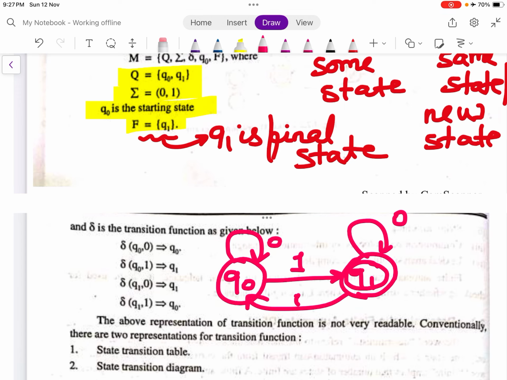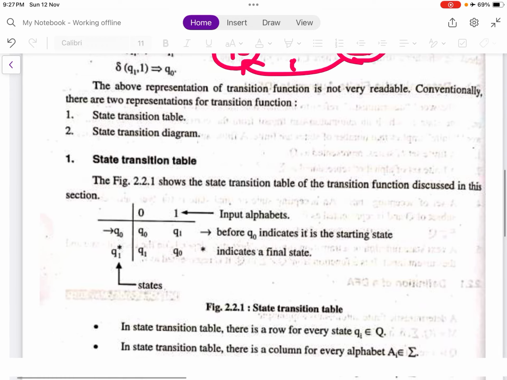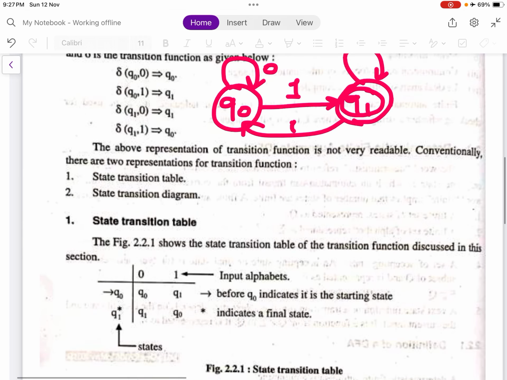The above representation of transition function is not very readable. Conventionally, there are two representations for transition function: state transition table and state transition diagram. State transition table. The figure shows the state transition table of the transition function discussed in the section.